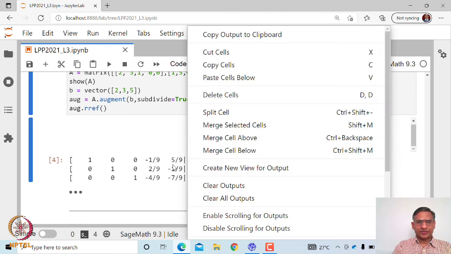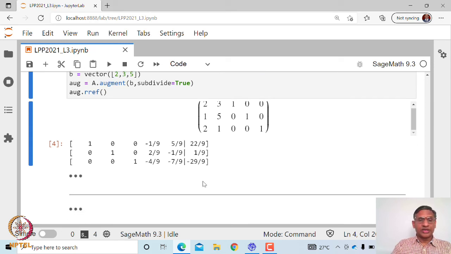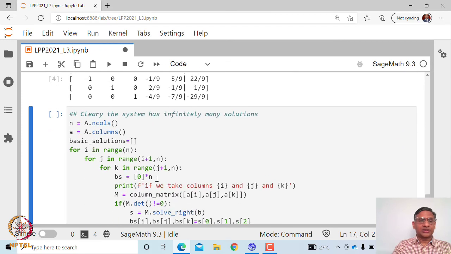And in fact, this last column, that is 22 by 9, 1 by 9, minus 22 by 9, minus 29 by 9, is a solution of this system, but this is not basic. So in case we take the first three columns of A, this is not a basic feasible solution. Now let us write a program for the same thing.